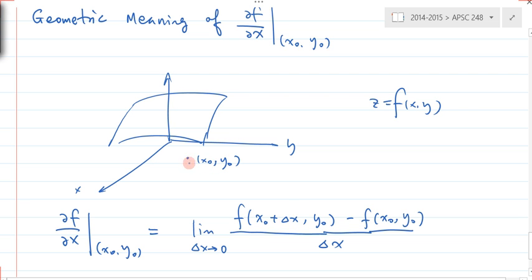But bear in mind, you're not changing y naught. So I'm going to exaggerate it here. We're walking along a line like this. And what's this line? It's y equal to y naught. So you're changing around this point like this, only increasing x naught without changing y naught. That's the kind of change we're looking at here.